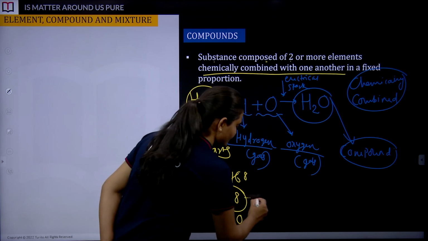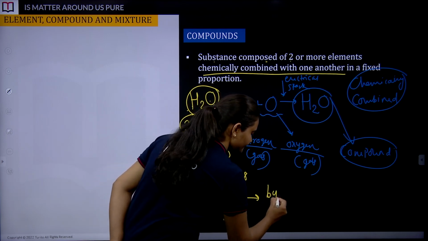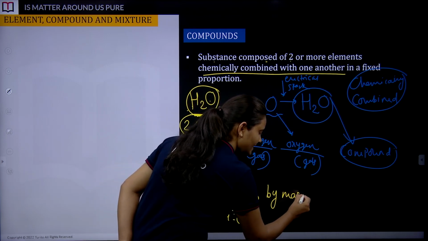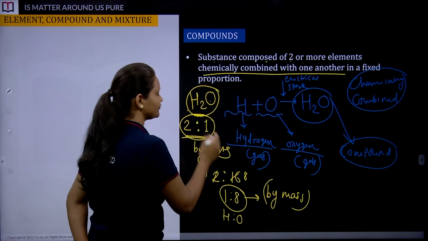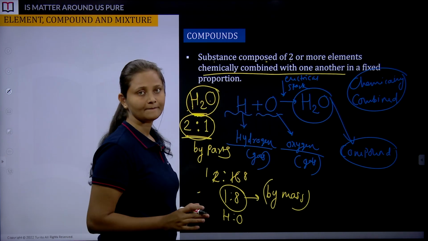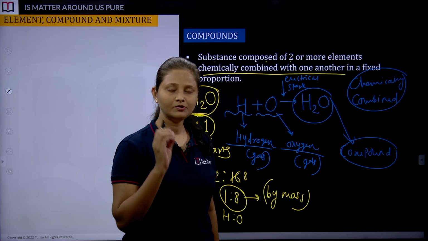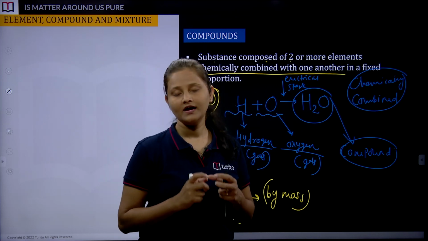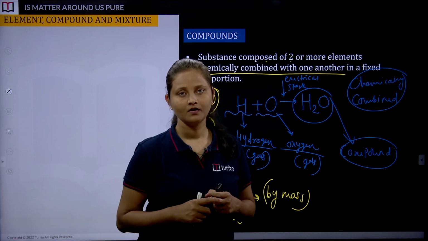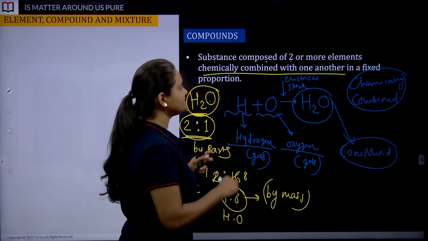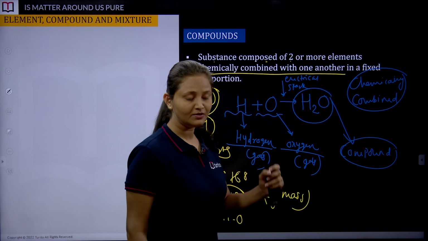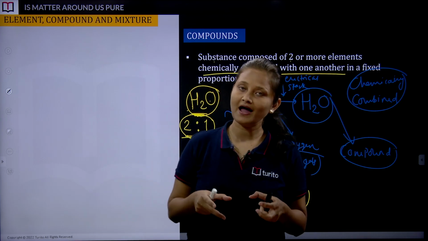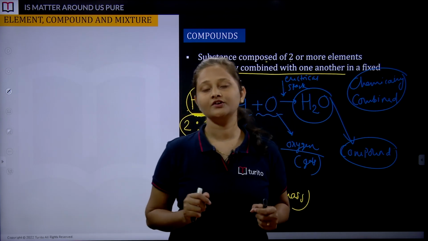So this is the fixed ratio of water by mass. Are you all able to understand? We have talked about 2 examples. So a compound is a substance composed of 2 or more elements which are chemically combined with each other in a fixed ratio.